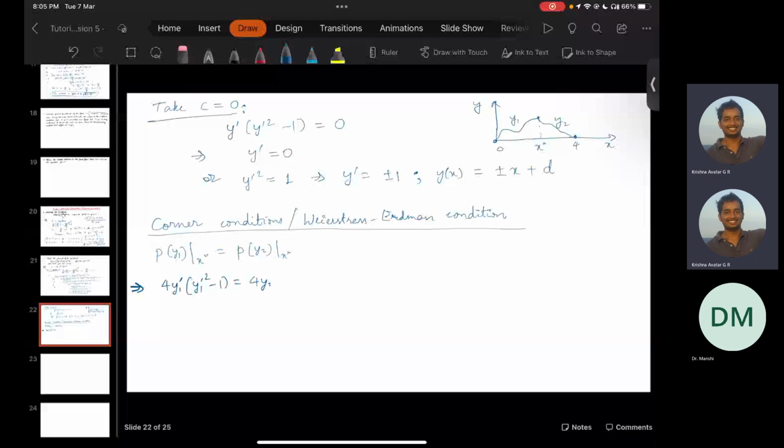So we will have y1 prime and y1 prime squared minus 1 is equal to y2 prime and y2 prime squared minus 1.